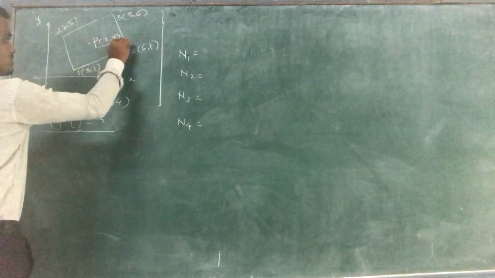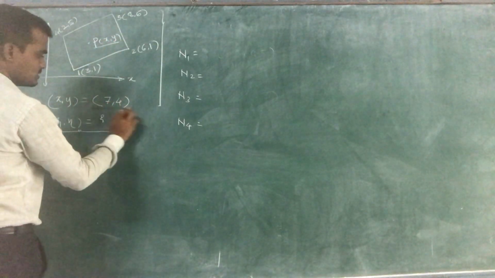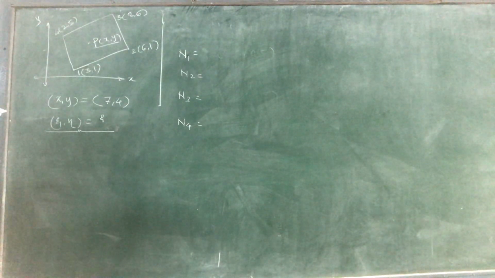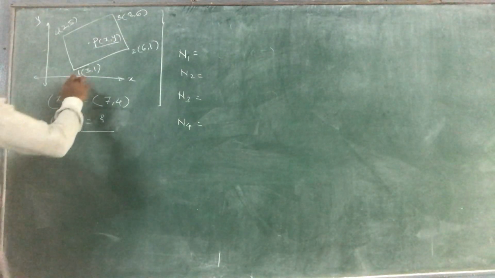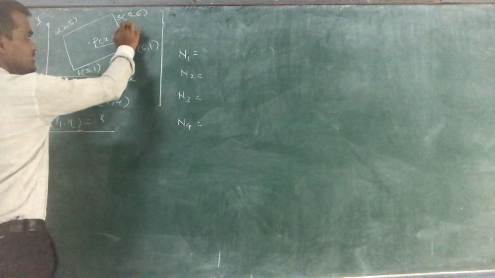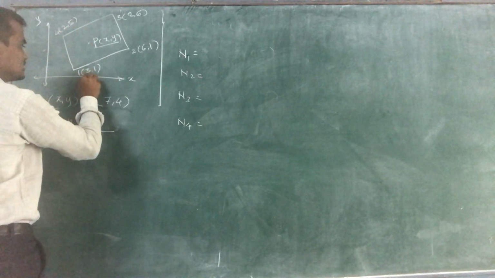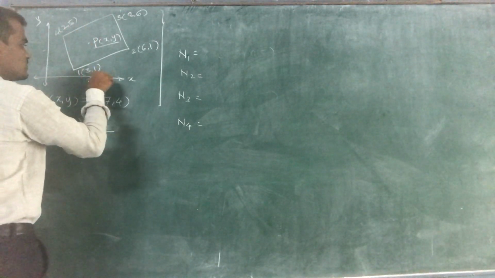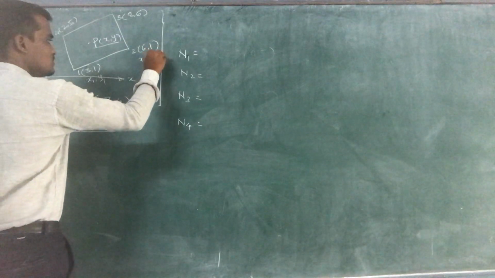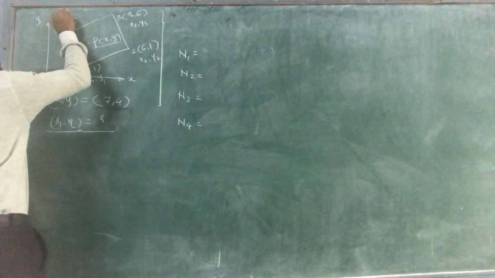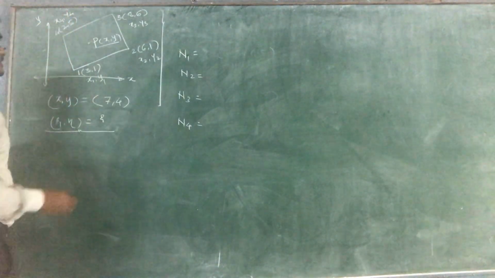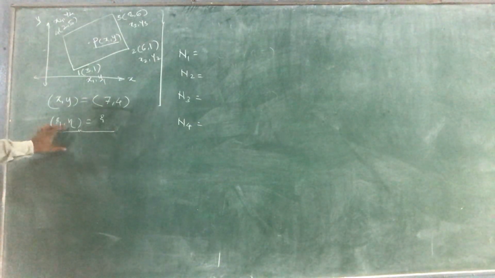Also in this diagram the coordinates x1, y1, x2, y2, x3, y3 and x4, y4 are given. Now find the natural coordinates zeta and eta.